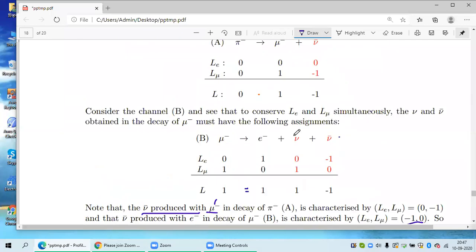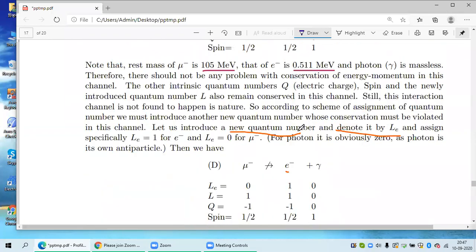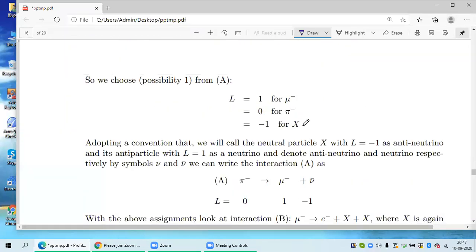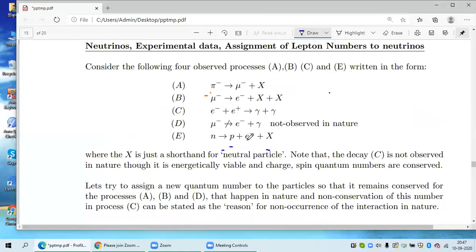Now just the last equation. Look at this equation C. Can you tell me what should be X? Electron antineutrino, because that only conserves Le and L mu individually for this reaction.